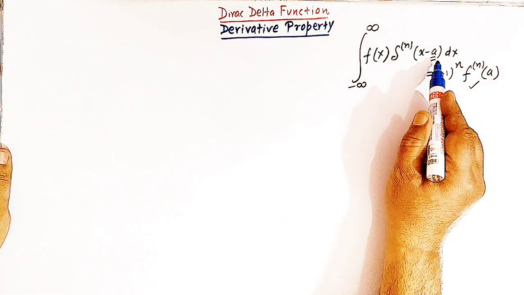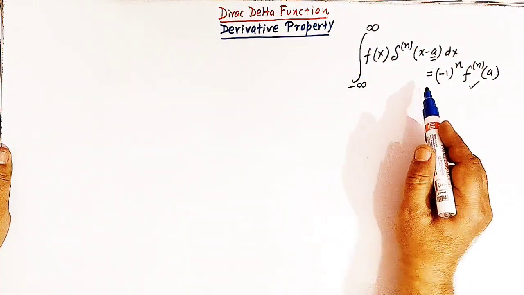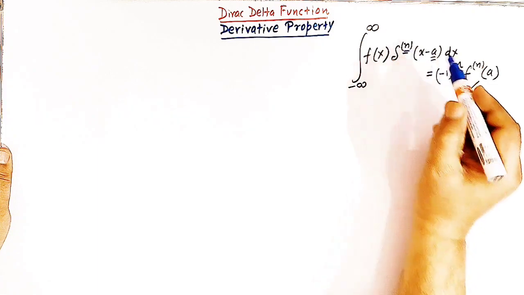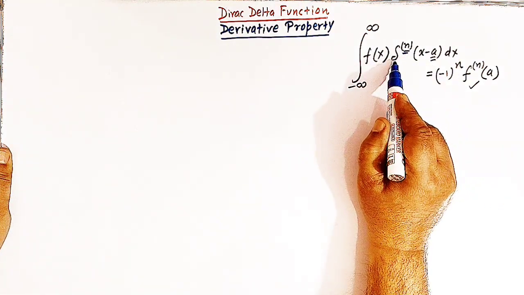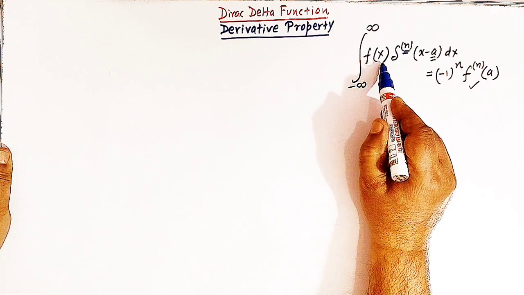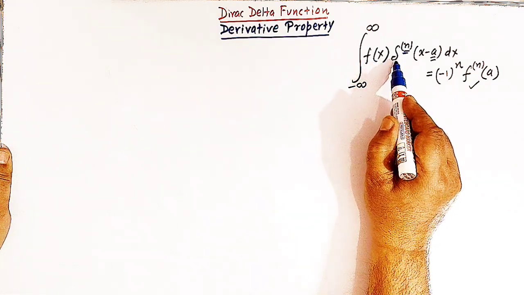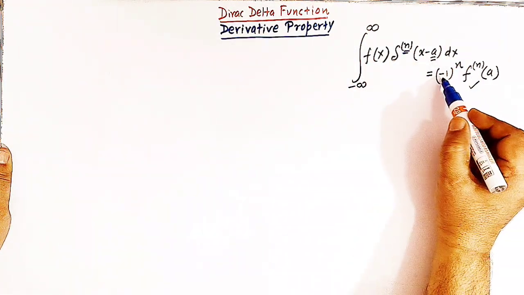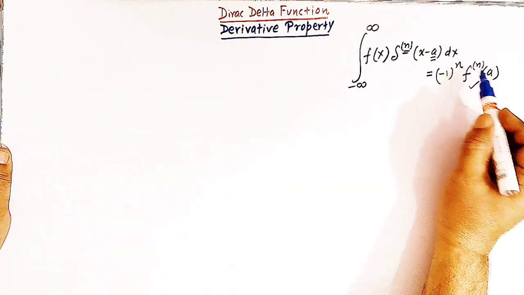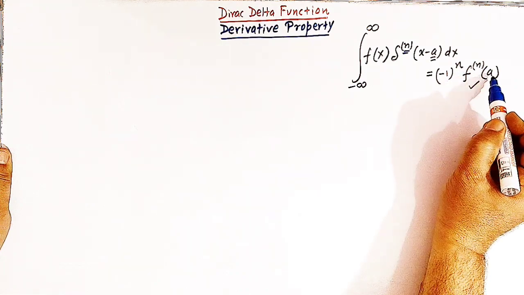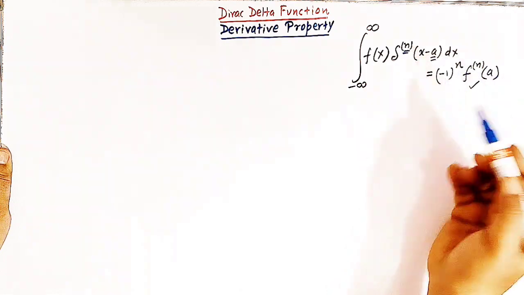So this expression is known as the derivative property of the Dirac delta function. So here we have the nth derivative of delta function, and when we have a test function f of x associated with the delta function, then the value of this integral is given by (-1)^n times the nth derivative of f evaluated at x is equal to a, right?